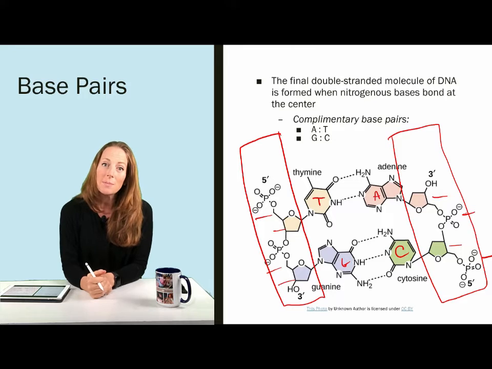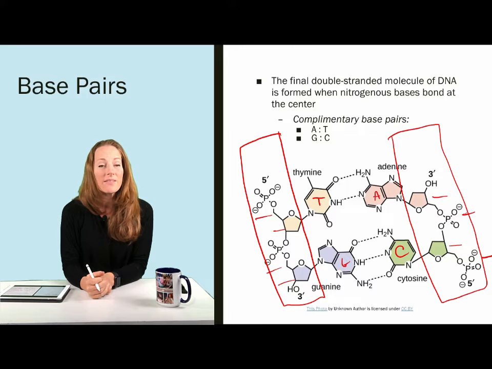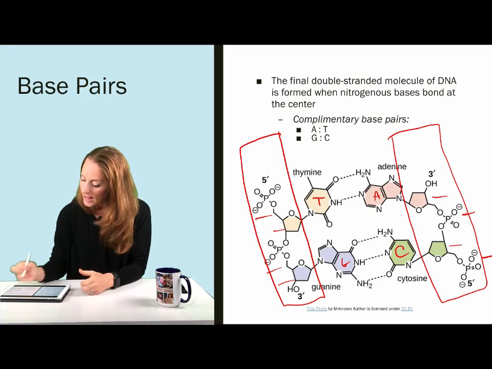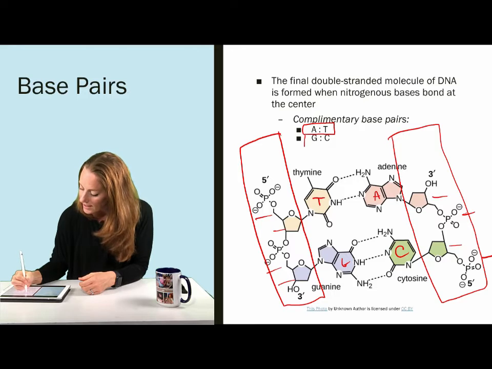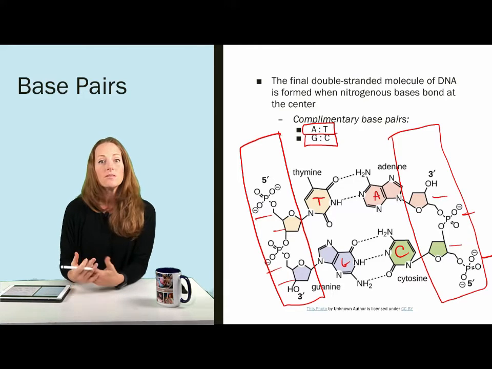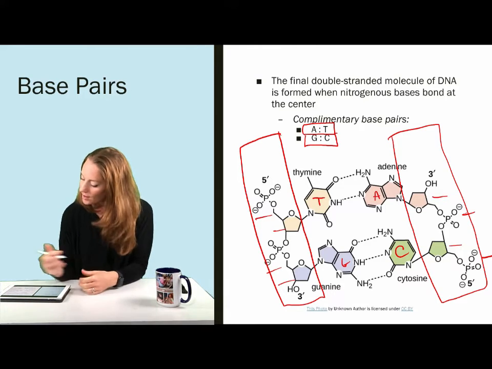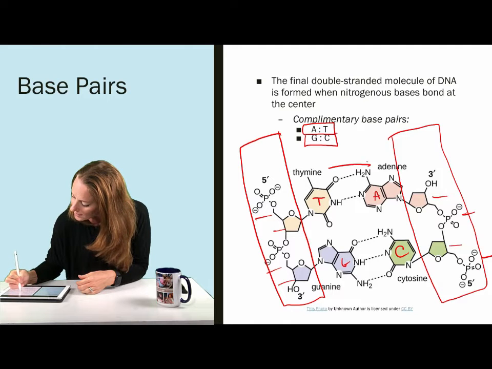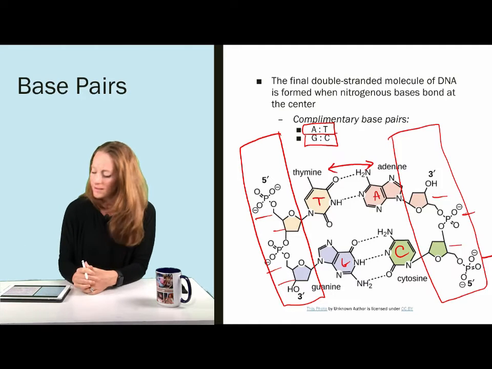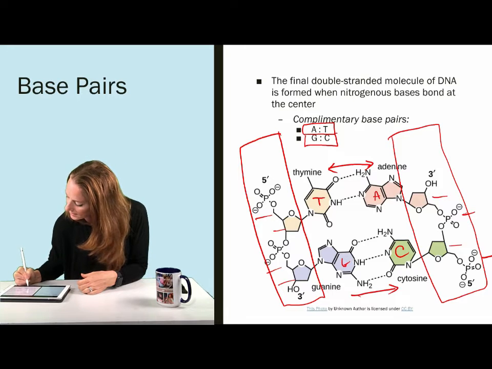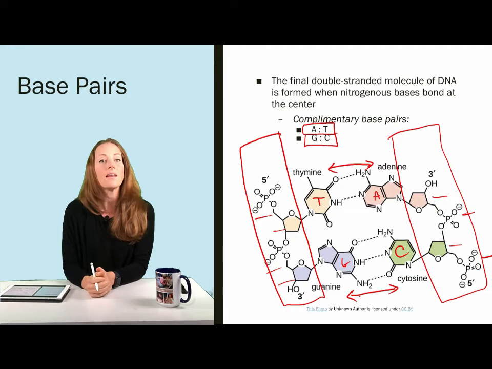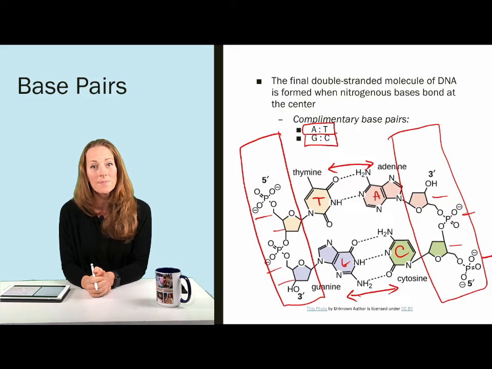The base pairs bond together in a very specific set of complementary base pairs. A and T always go together, and G and C always go together, just as shown in this diagram. So you'll notice that the thymine and the adenine are bonded together, and the cytosine and the guanine are bonded together.